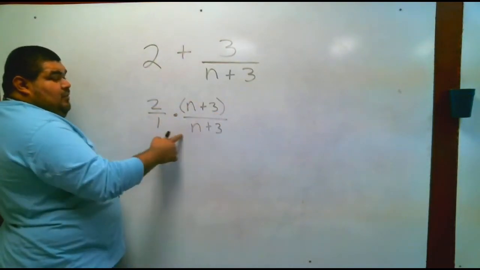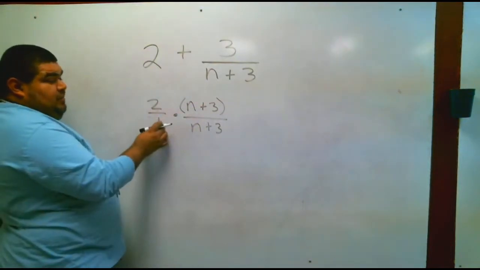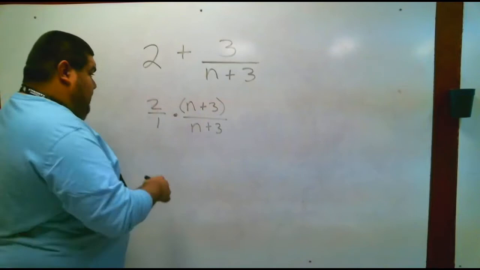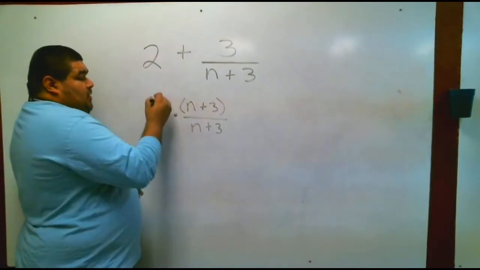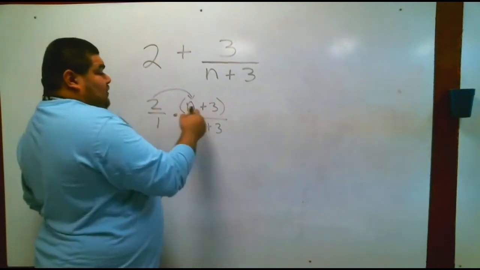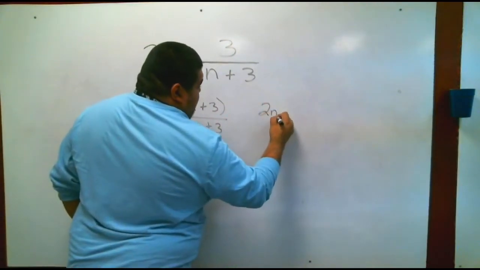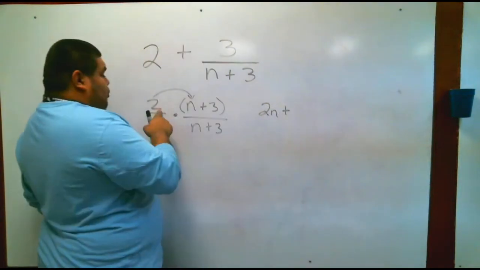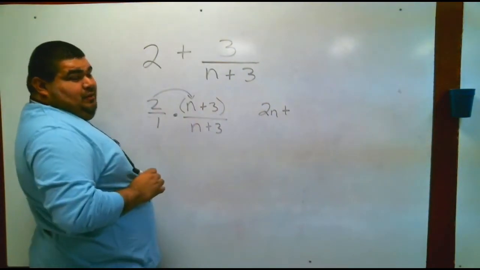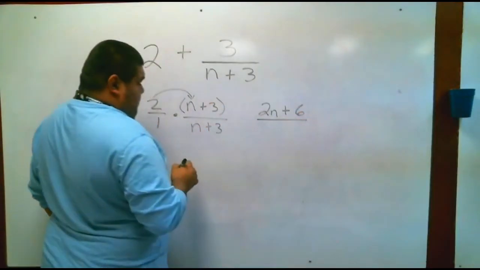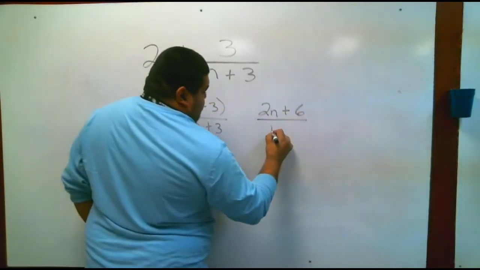Technically we're not going to do the same thing on the bottom because it's just a 1, and 2 times 1 is just itself. But since we have a 2 on the top, we're going to do 2 times n, which is 2n, plus, because we're both positives, 2 times 3, which is 6, over n plus 3.